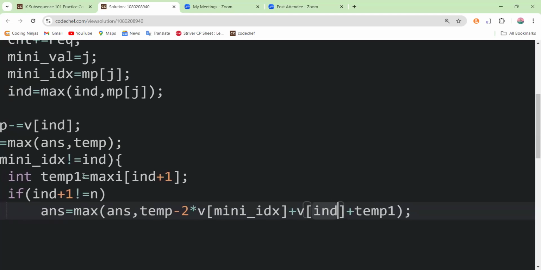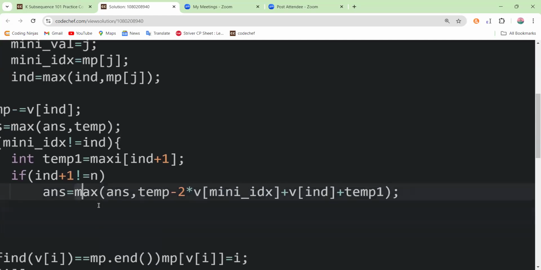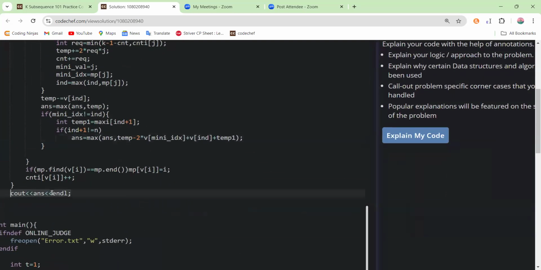The maximum element towards the right of this index is temp1, so you add temp1. So this is what you did: you shifted the last element you chose to the middle, removed the minimum of those k minus 1 elements, added the maximum towards the right of index once, and took max with answer. Once you do this, whatever answer you get at the end is the best possible answer that you can produce.